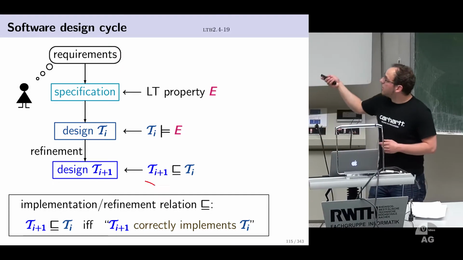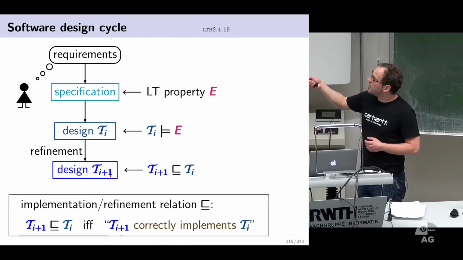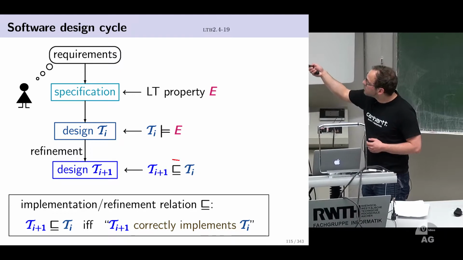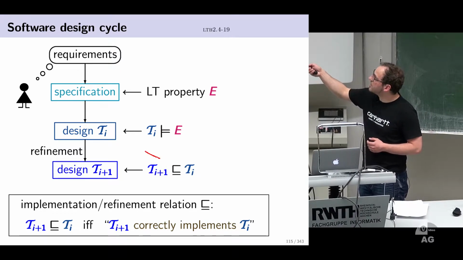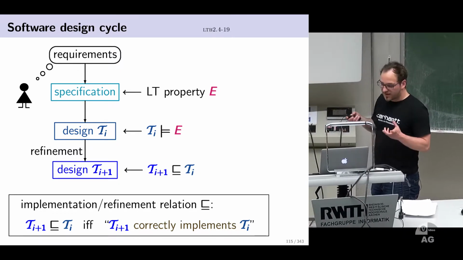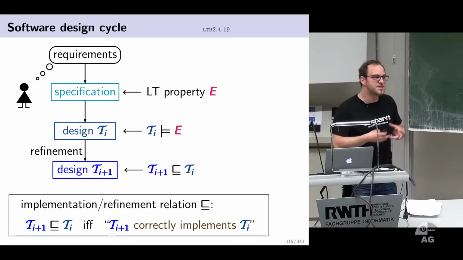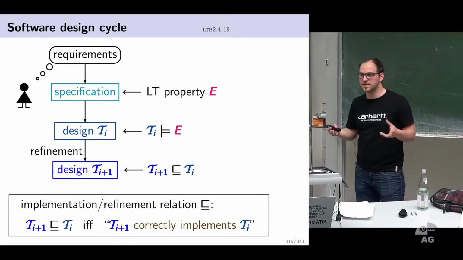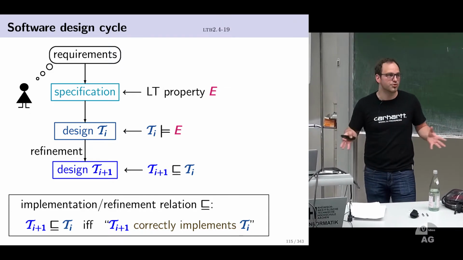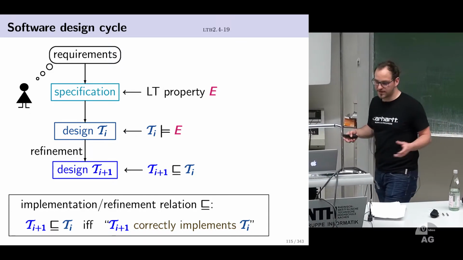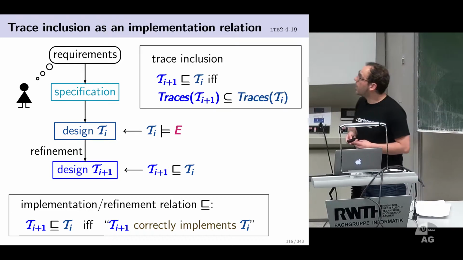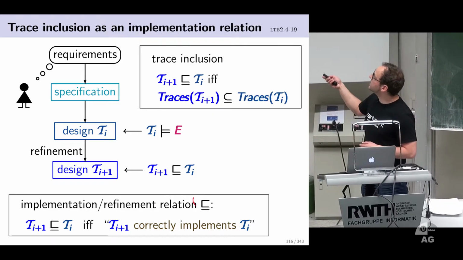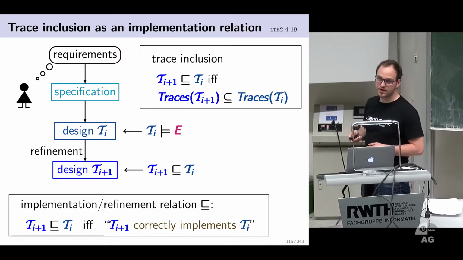Then typically your follow-up design TI plus 1 is in some kind of relation with the design TI that captures that it still correctly implements the previous design. It only refines it. It makes it more precise, more concrete, more refined. One of the implementation refinement relations you could look at is trace inclusion.